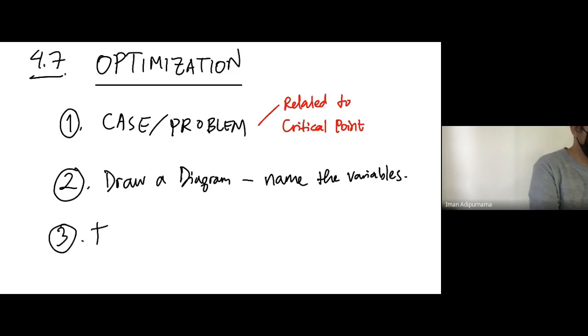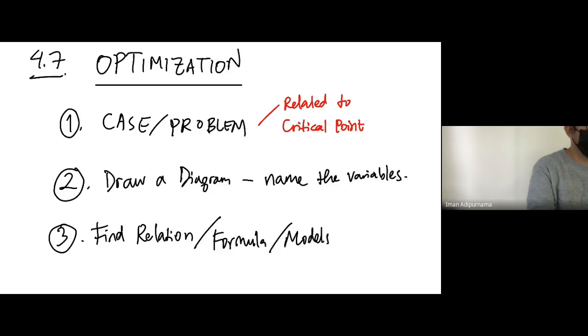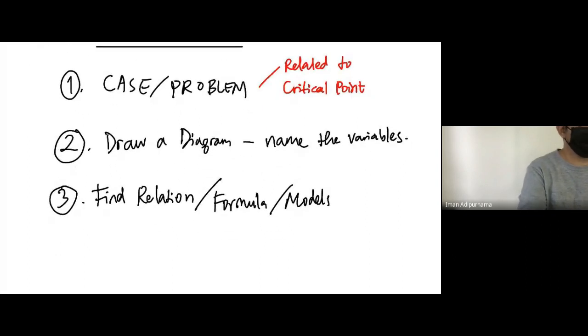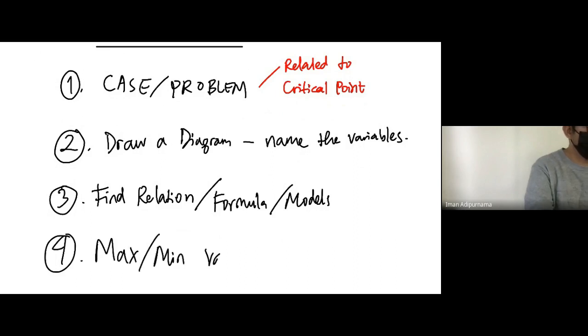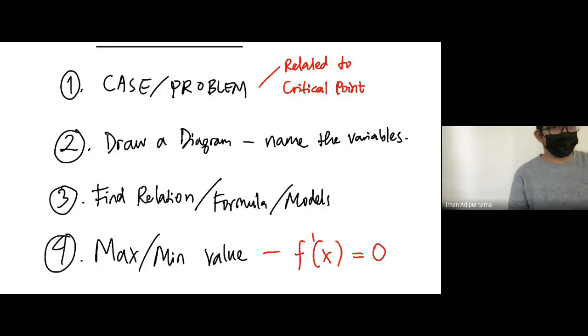And the third, find a relation or formula or model that fits the case, that is suitable for the case. And then the last part is you need to find the max or min value through f prime x equals 0. So these are 4 points that I summarized from the textbook.